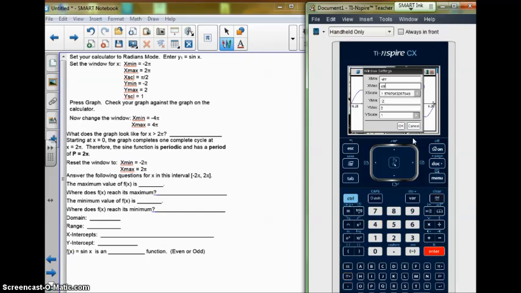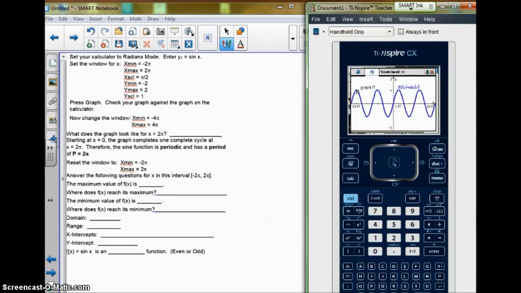Okay, and that's all they asked us to change, so we'll say okay. And now you can see that where there was a single period here, now there are twice as many.